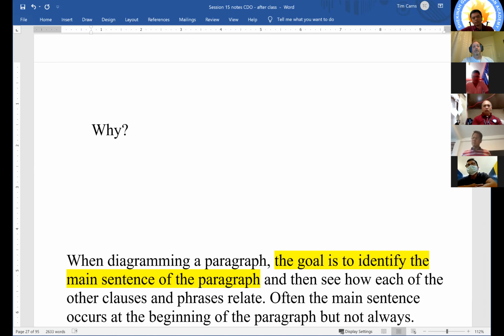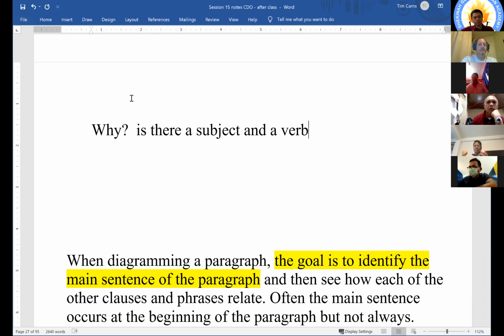Well, that's a great question. Let's go through what we've looked at. If you have just why, is that a phrase or a clause? Is there a subject and a verb here? No, there isn't. There's no subject or verb.